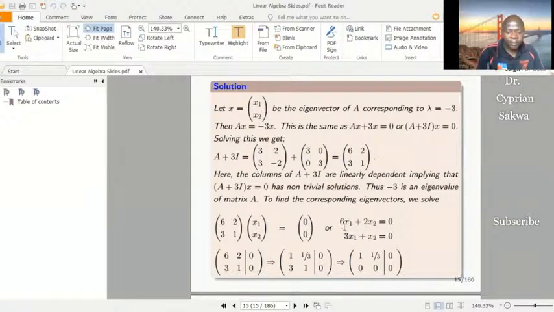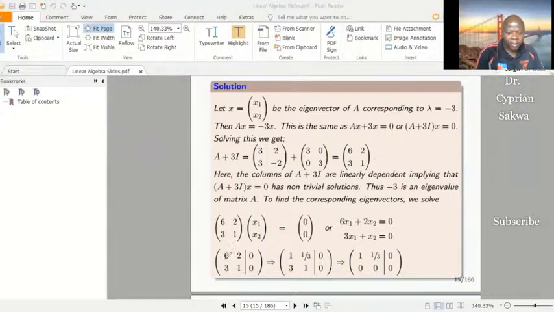Now we can use Gaussian elimination to find the value of x1. You don't even need to come up with this point. From just here, you can straight away come to Gaussian elimination as I've done it here. What I want is to make this value here positive 1.